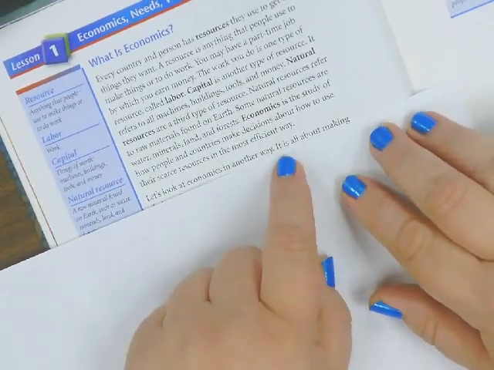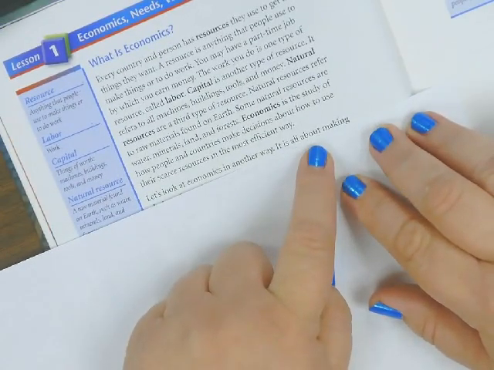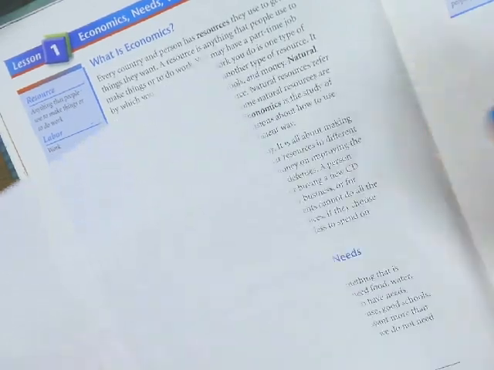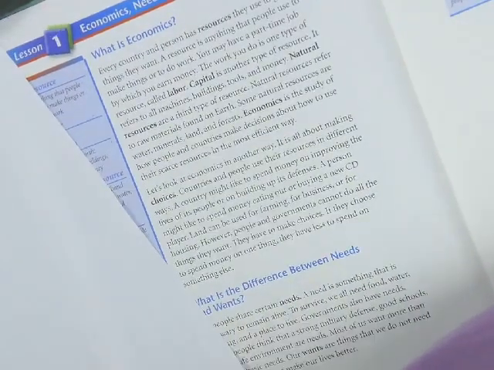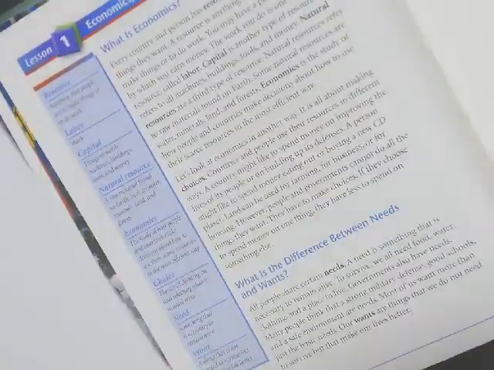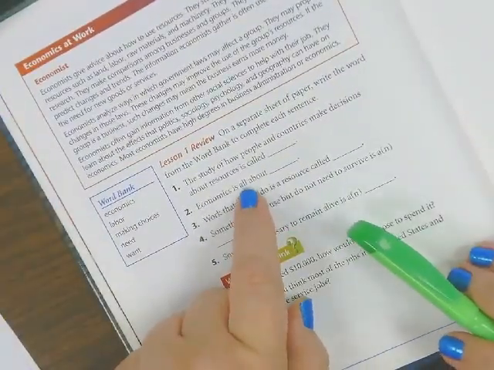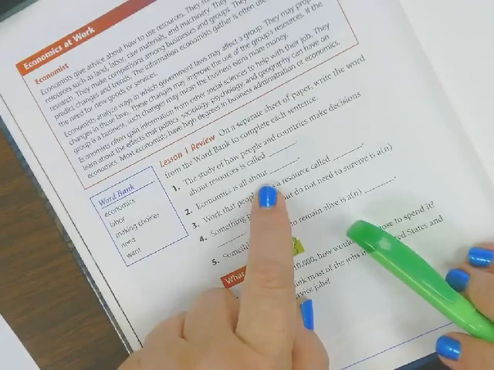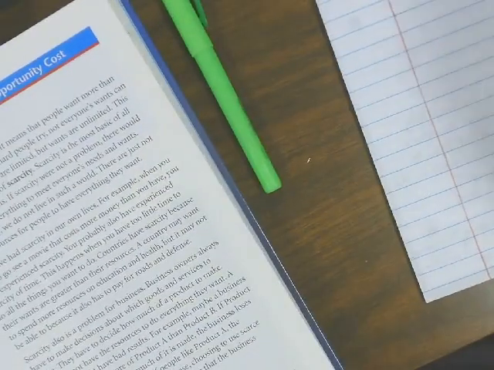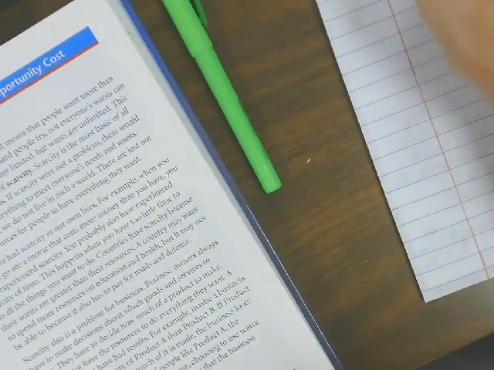See where it says, it is all about, making choice. Right, and if you look in your question, it says, is all about. Same words, right? Choices is the answer, correct. Making choices.